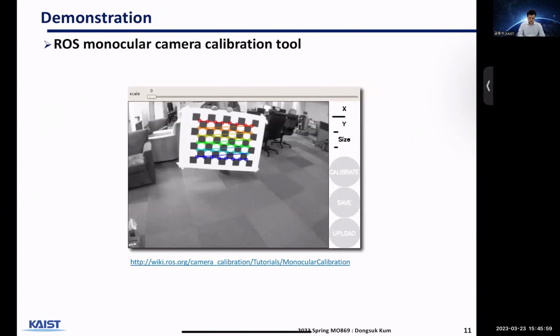In fact, there are camera calibration tools out there. Open source code is available for you, so you can use it for camera calibration.